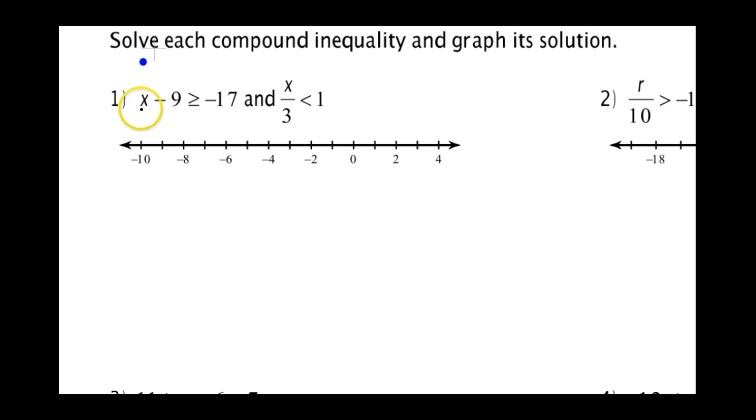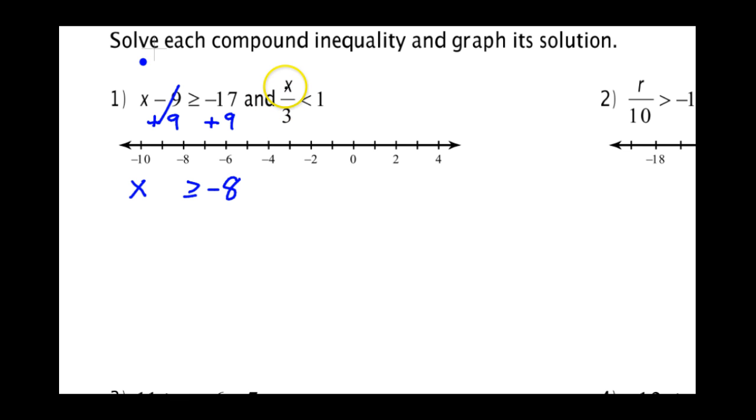So from here, you pretty much know what to do. Side of the variable, do the opposite: -9, opposite is positive 9. That adds to 0. X greater than or equal to, what's -17 plus 9? -8. And then we got x divided by 3 is 1.